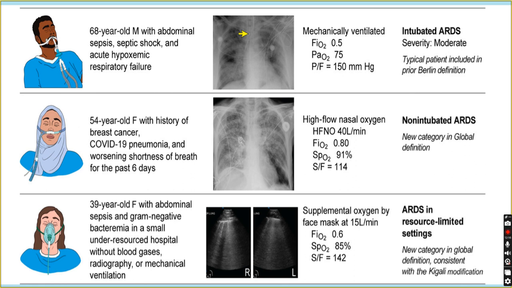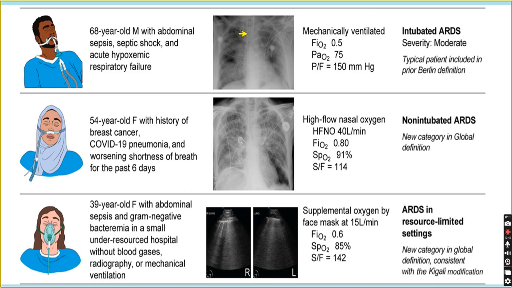One more example is a 39-year-old female with abdominal sepsis and gram-negative bacteremia in a small under-resourced hospital, without blood gases and with radiological limitations and no mechanical ventilation. An ultrasound has been done, which shows B lines.